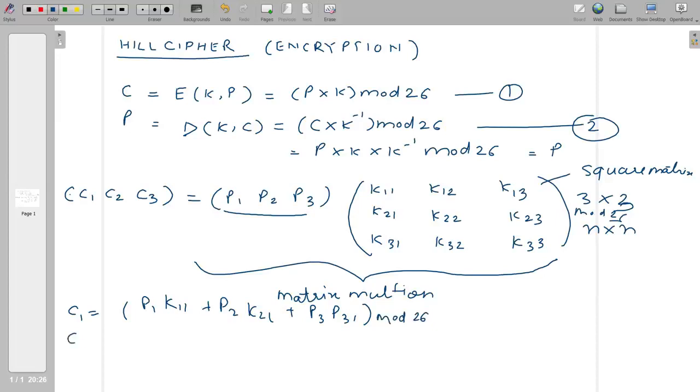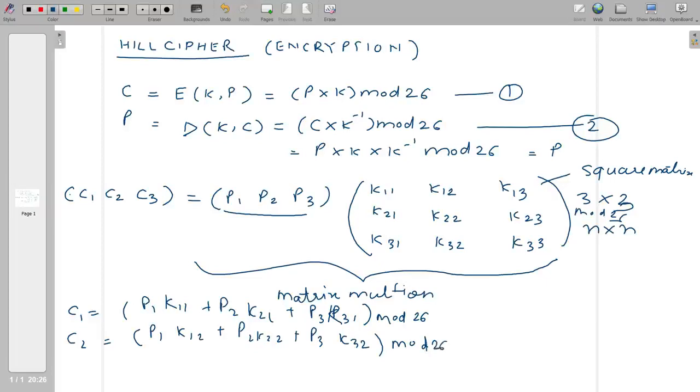Similarly, we can write C2 equal to P1 K12 plus P2 K22 plus P3 K32, and it will also be mod 26.